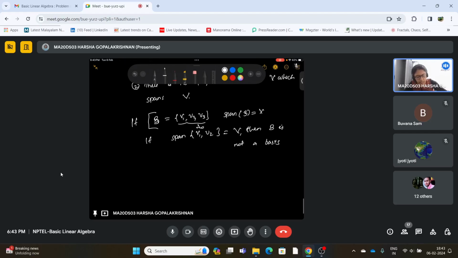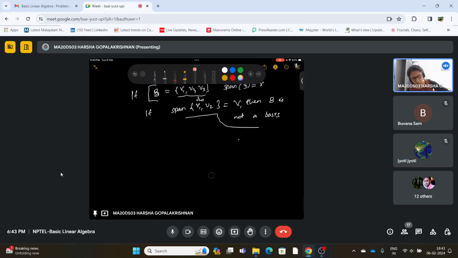If this condition is not satisfied, that means {v1, v2} does not span the vector space, {v1, v3} does not span it, and {v2, v3} does not span it, then the whole of v1, v2 and v3 is essential to get all the elements of V. In such a condition, we call B a basis for the vector space. So these are the basic concepts we saw last week.